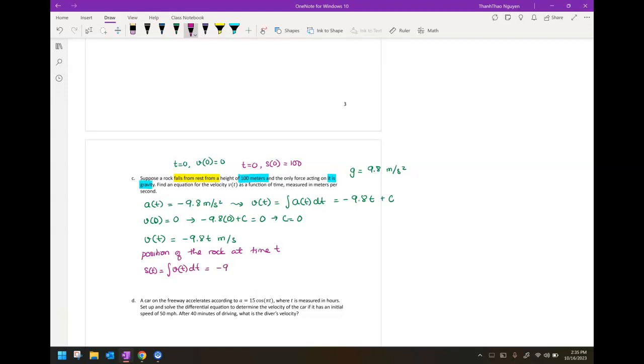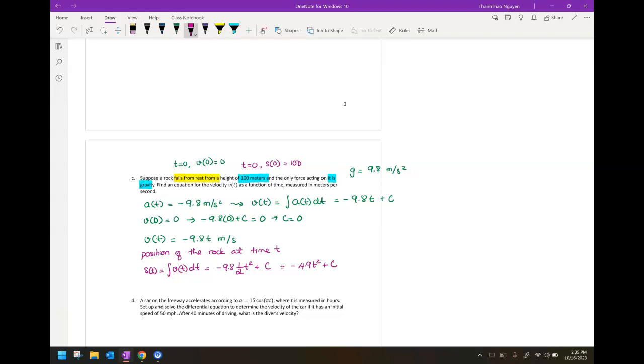So negative 9.8 times 1/2 t squared plus c. So we have negative 4.9 t squared plus c.